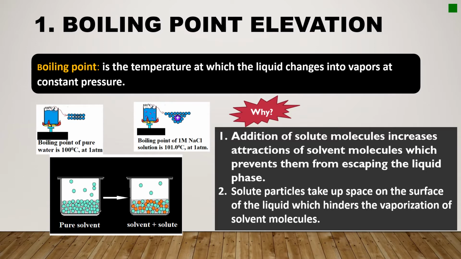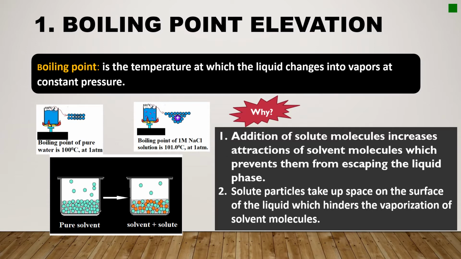But when you add, for example, sodium chloride, it releases ions, and these ions also attract the molecules of water. That attraction caused by the ions released by the solute added prevents water molecules from escaping the liquid phase, which means that for it to boil, it requires more energy. That's why the temperature is higher.